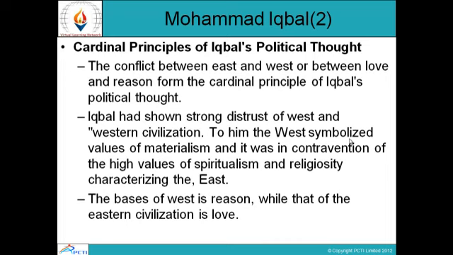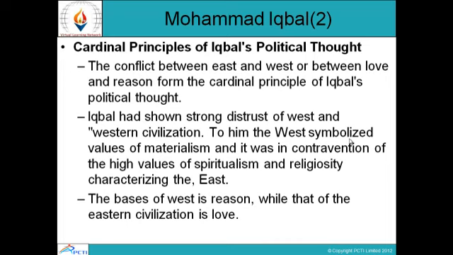But the West symbolized only materialism, and the focus was on self-interest, on money, rather than on positive human values. That is why he had strong distrust of Western civilization.